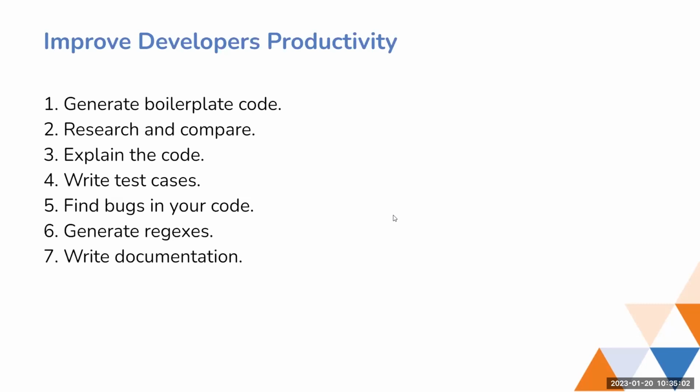Generate regexes. Basically, when we need a particular regex, we Google search for it. Now we can ask ChatGPT to generate a particular regex for us. Write documentation.